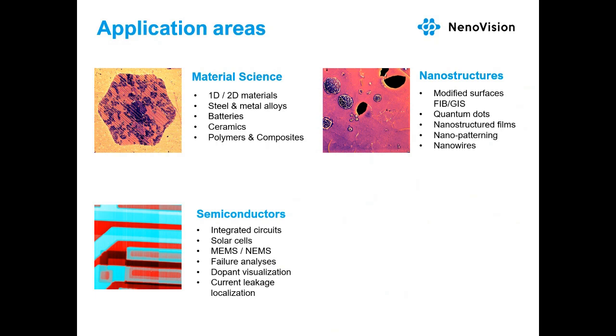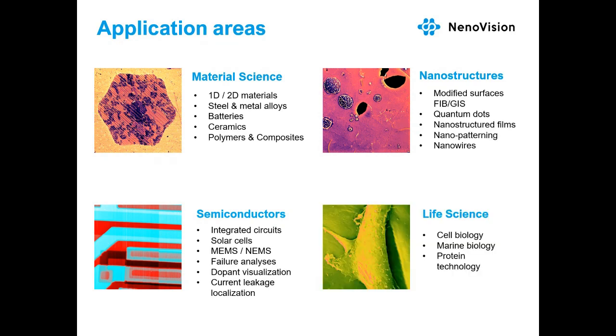In the last years, or last 2 years, we are heavily working on the application for the semiconductor industry, where we are offering solutions for integrated circuits, solar cells, MEMS, and basically for failure analysis, where we can do dopant visualization or current leakage localization. And last but not least, the life science applications, where we can visualize and analyze different cells or proteins or for marine biology, etc., etc.